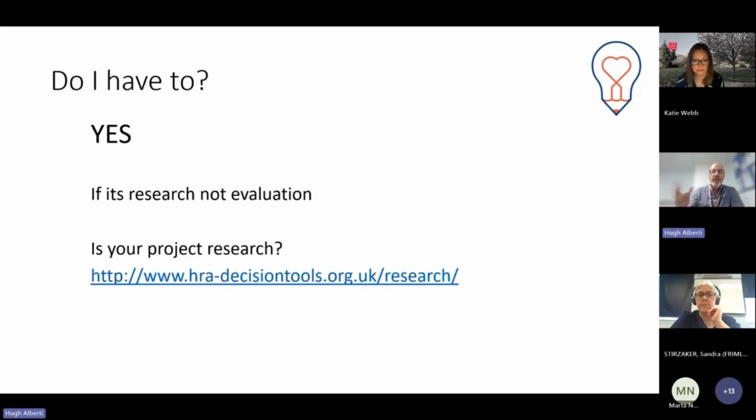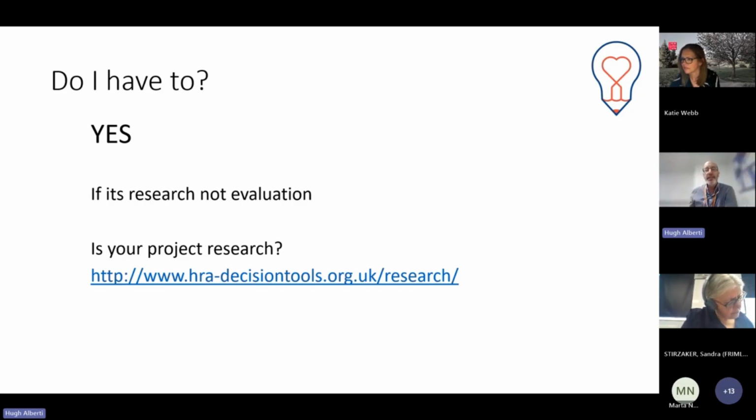The other ways to differentiate between the two, I mean, there is quite a good HRA link here on the slide with very simple questions to answer the question, research or evaluation. For me, maybe I'm just too simplistic, but it's who wants to know the answer? If the answer is for your own institution to be able to improve your course, degree, program, then it's evaluation.